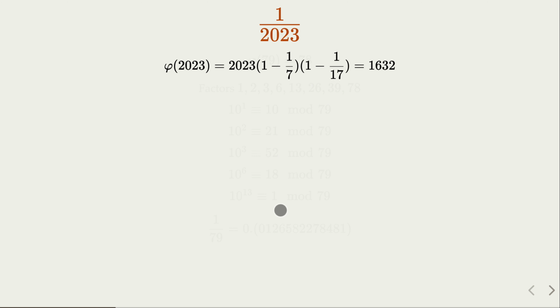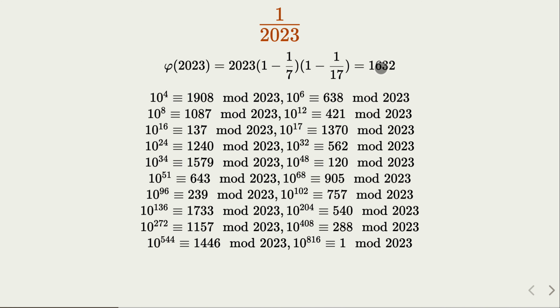Alright, so for another example, we are celebrating year 2023 now. So what is phi of 2023? Because the factorization is 7 times 17 squared. So by the Euler's Totient function formula here, it's going to be 1632. So we know that the period length of 1 over 2023 is going to be a factor of 1632. Now we're going to try that, and then eventually we figured out that only when k equals 816, 10 to the k is going to be congruent to 1.